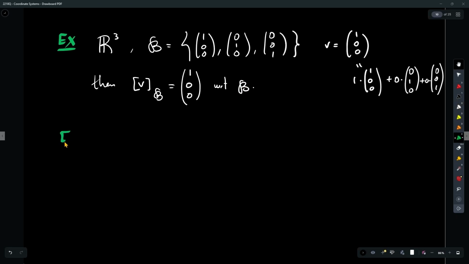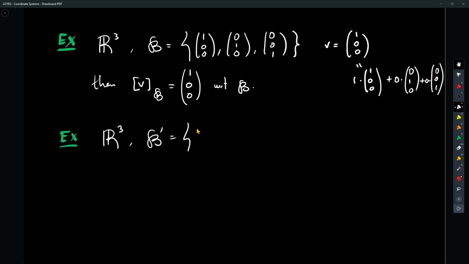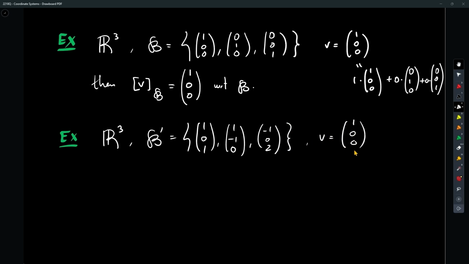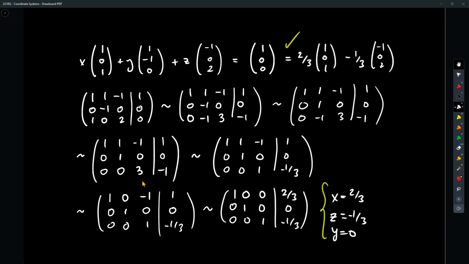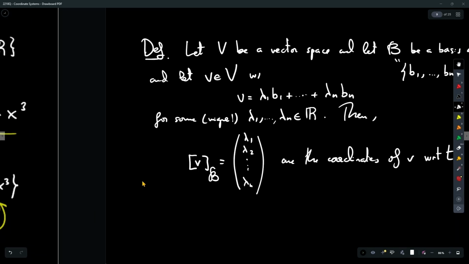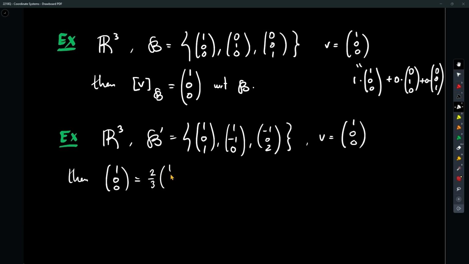But if instead we work with this different basis we had a moment ago, so if I instead work with R3 and my new basis is (1, 0, 1), (1, -1, 0), (-1, 0, 2), and v is again the vector (1, 0, 0), we just saw that (1, 0, 0) was 2/3 of the first vector plus 0 times the second vector minus 1/3 of the third vector.